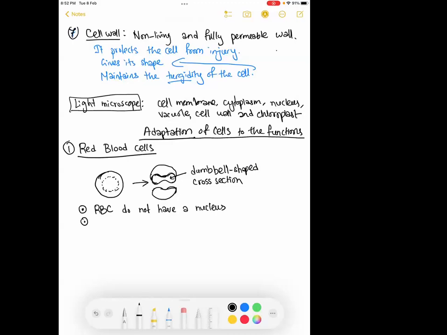Yeah, so RBCs do not have any nucleus. Another thing about them is that they contain this oxygen carrying protein called hemoglobin.